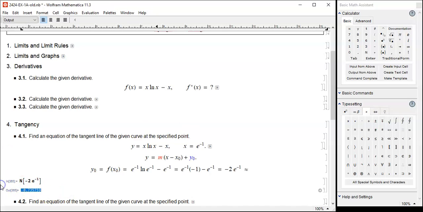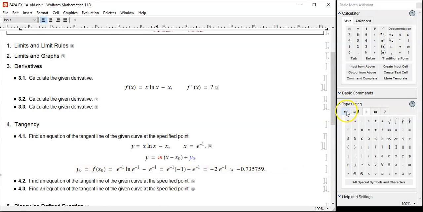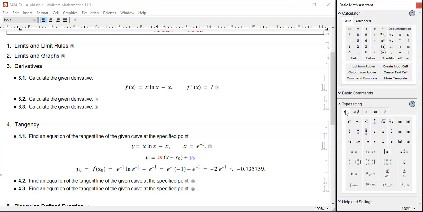Okay, get this value. And if you use this value, I wouldn't mind. Personally, I'd prefer to use the precise value, yes, but if you use this decimal, it's okay. Anyway, we got y0. The blue part, we're done.